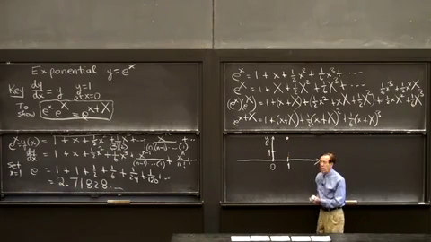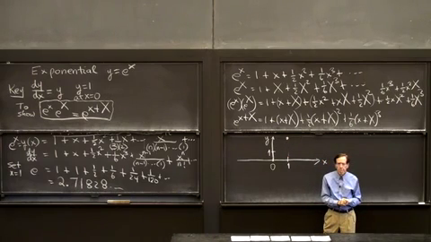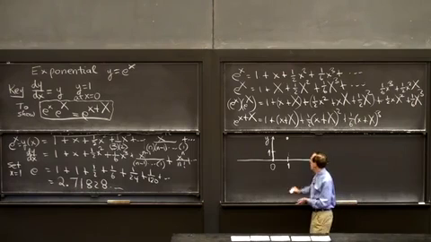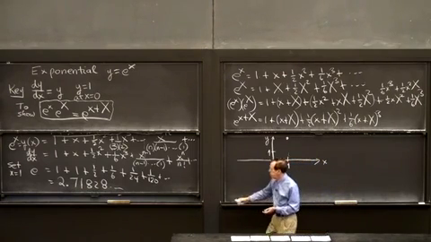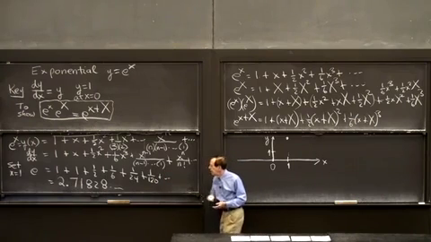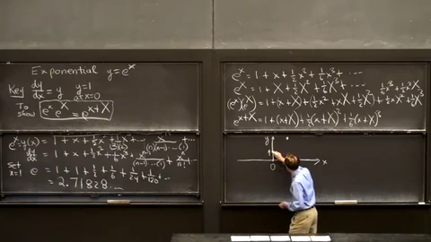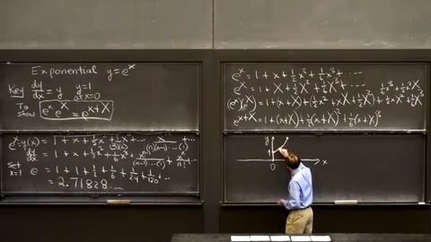That height is what? e. That height is e. Because when we said x equals 1 here, we got e. So it's climbing, climbing, climbing. And now what about on the other side? That had a slope of 1, so it was more like that.